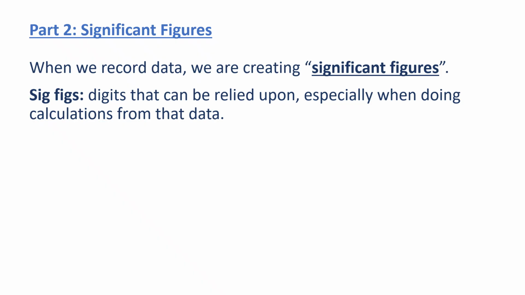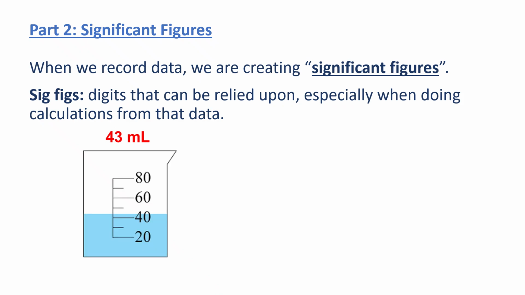So for example, if I see the number 43 milliliters on a lab report, I know that this is probably from a device like this, from a beaker that only has 10 milliliter increments on it. So it's going 20, 30, 40, 50, 60, etc. Because I already know that a scientist or a chemistry student would estimate one digit.